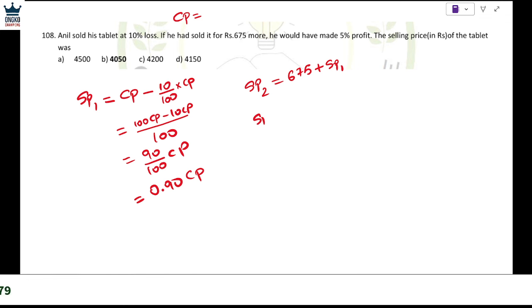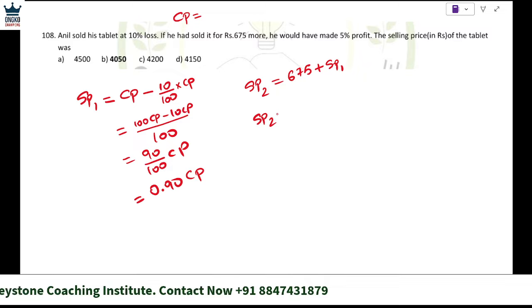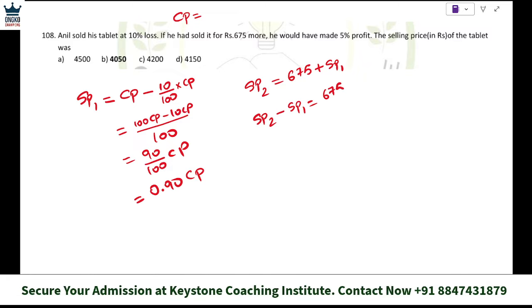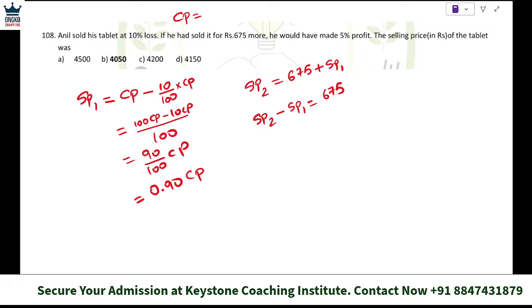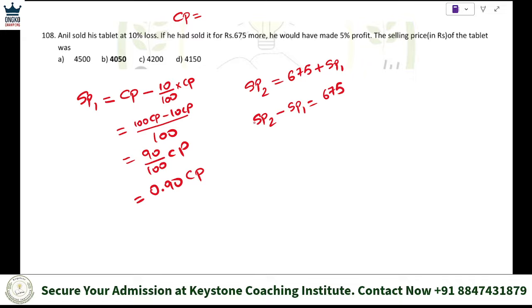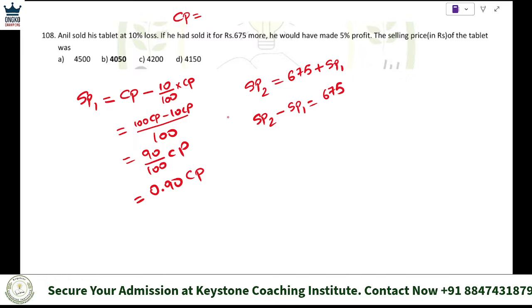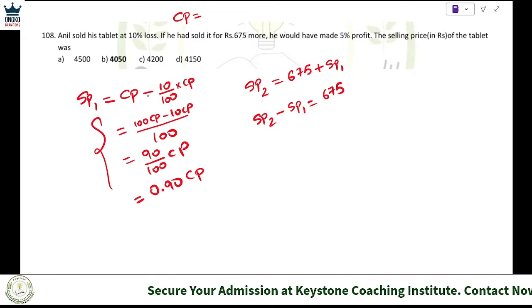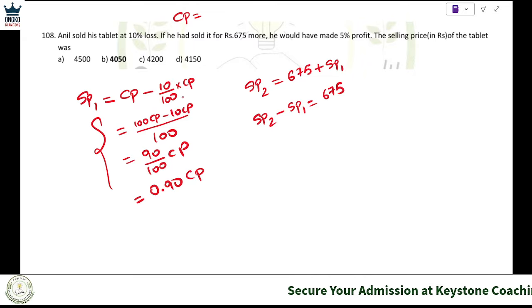So second selling price minus first selling price is 675 rupees. Can we make the equation from there? Now what is the second selling price? It is 5% profit. If it is plus, then plus 5 by 100 into cost price.